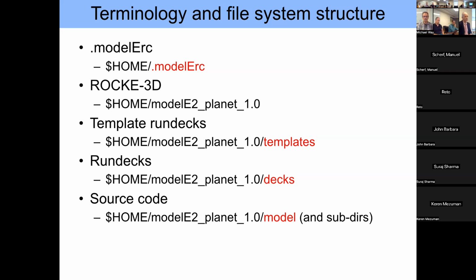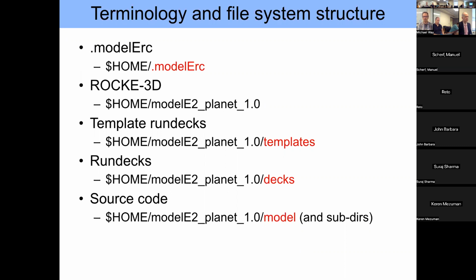One is a template rundeck, which is essentially the blueprint that you will be using to create your rundeck that will be used to run the model. We will see what the rundeck actually is shortly. For now, just think of it as a file that contains all the instructions of how the model will compile and run. Then the actual rundecks are saved in the subdirectory called decks.